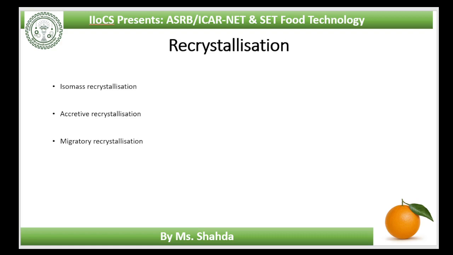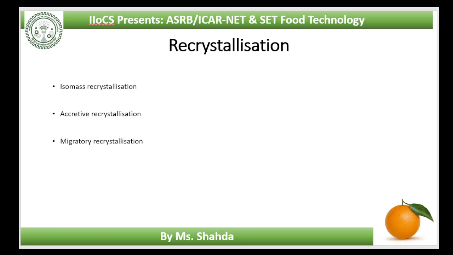Physical changes to ice crystals, for example changes in their shape, size and orientation, are collectively known as recrystallization and are an important cause of quality loss in some foods. There are three types of recrystallization in food. Isomass recrystallization: this is a change in surface shape or internal structure, usually resulting in a lower surface area to volume ratio.